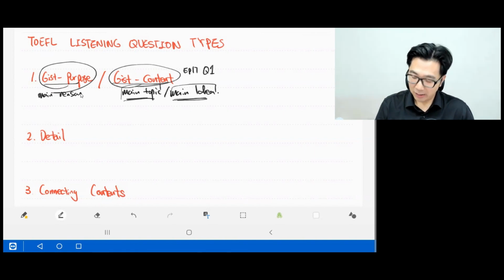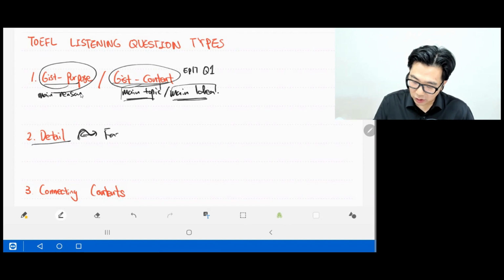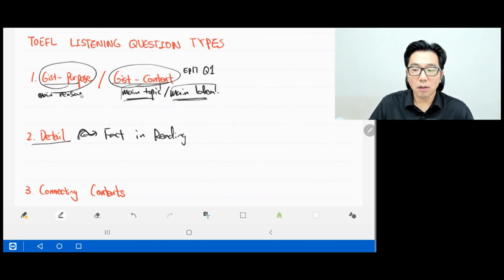Okay, all right. Number 2, detail question. Probably the detail question is what you will face most often in TOEFL listening, because it's very similar to the factual question in TOEFL reading. So it's basically asking for the right information, or true or false.